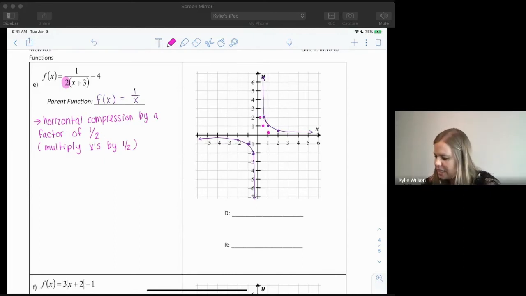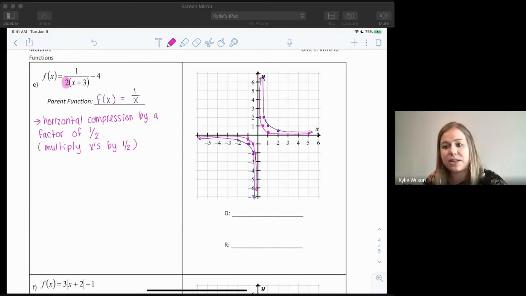Then I'm still going to connect them. Our axes are still my asymptotes, so the curve is hugging those lines. And I do the same thing below. All I'm doing is cutting my x values in half, and my asymptotes haven't changed. There we go.